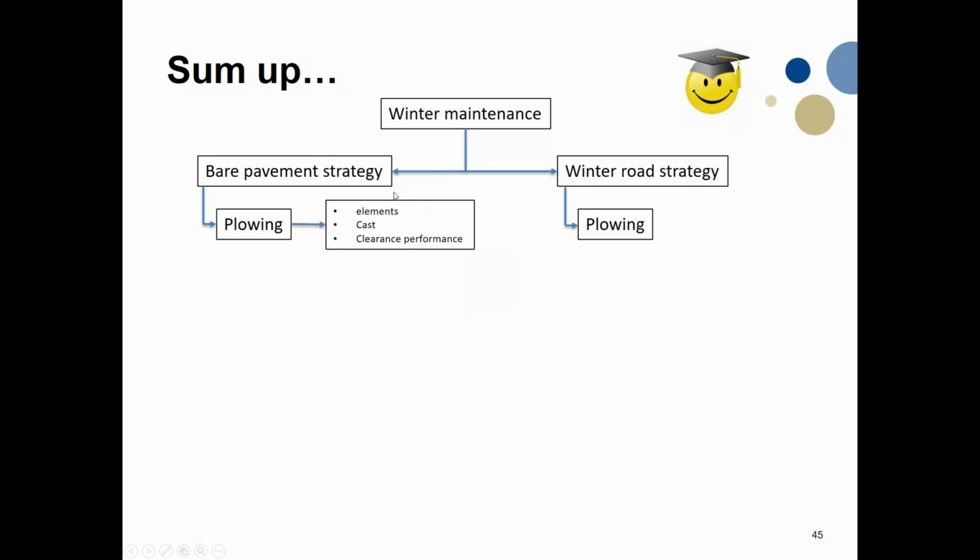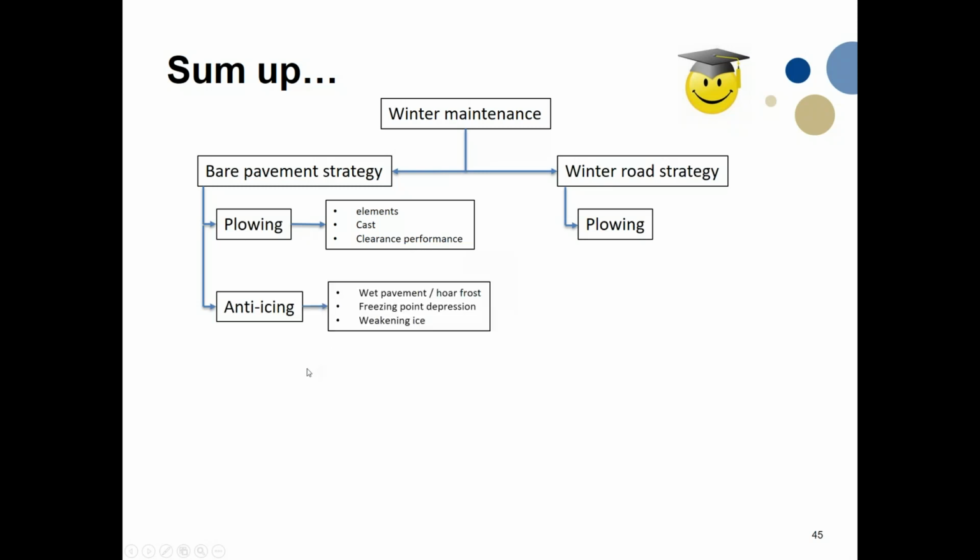We talked a bit about the different elements of the plow and the important parameters, which was the cast and the clearance performance. We then went into anti-icing, which I define as the application of chemicals for wet pavement or against hoarfrost, where the main mechanisms are both freezing point depression and weakening the ice if any ice would form.